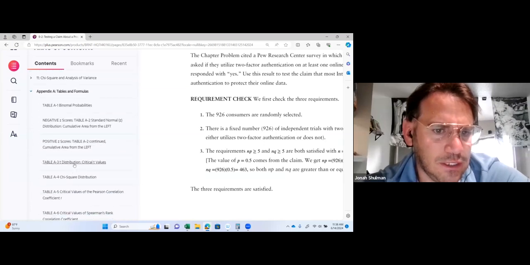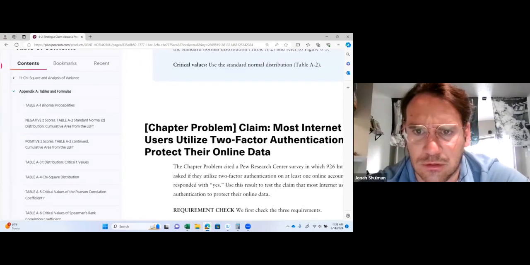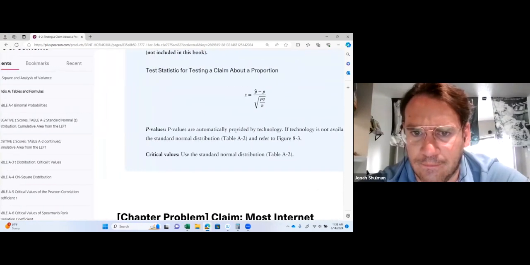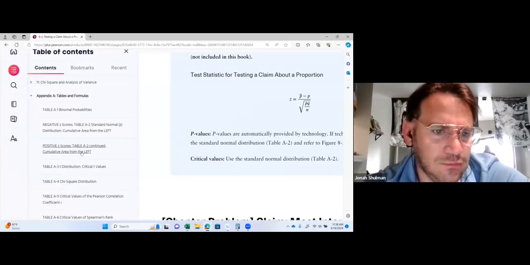This is 8-3 for critical values, but we don't want the critical values. Table 8-2, yeah, that's the one we want.